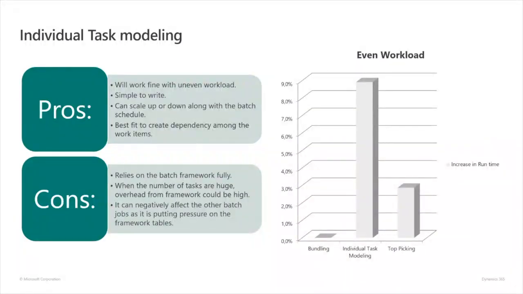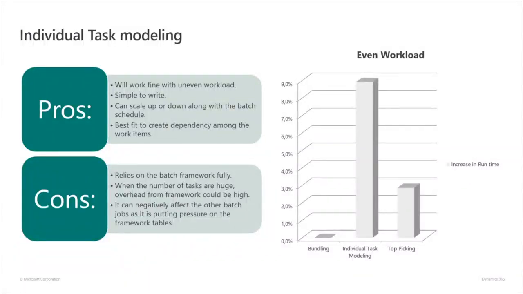Some other pros and cons for this approach are that individual task modeling will work fine with uneven workload. And of course, it is really simple to write. There's not much custom logic or complex logic which you need to apply for grouping here. It can scale up and down along with the batch schedule and is the best fit to create dependency among the work items.